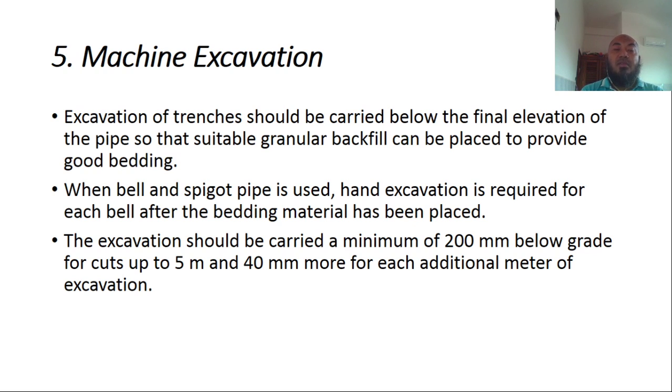The excavation should be carried a minimum of 200 millimeters below grade for cuts up to 5 meters and 40 millimeters for each additional meter of excavation.